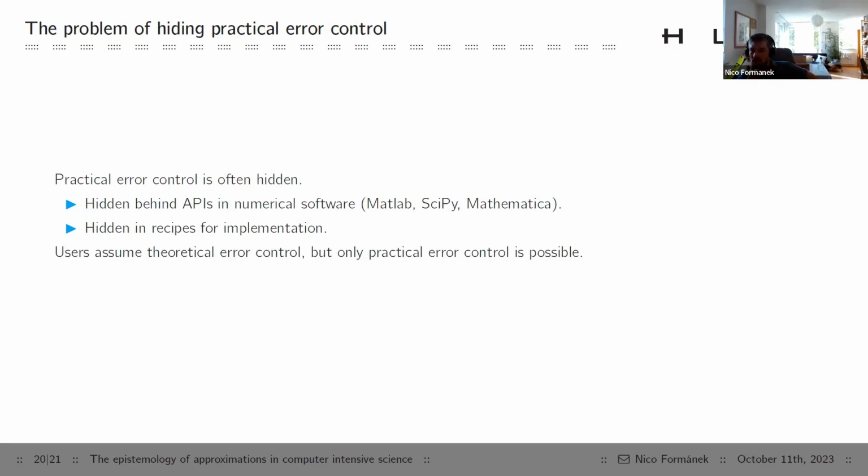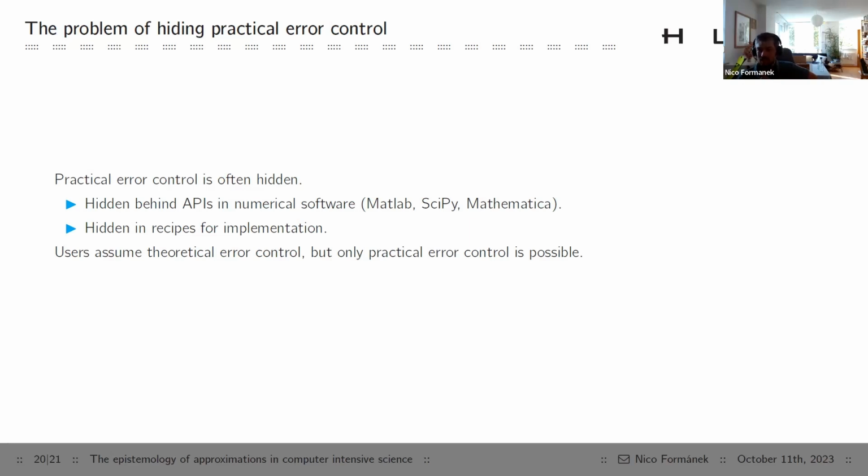So if you consider the huge numerics packages, MATLAB, scientific Python, NumPy, even Mathematica, you have some kind of easy to use interface to the numerical method, but to make it easy to use, all these assumptions that go into these numerical approximations, yeah, all the practical error control is hidden from the end user.